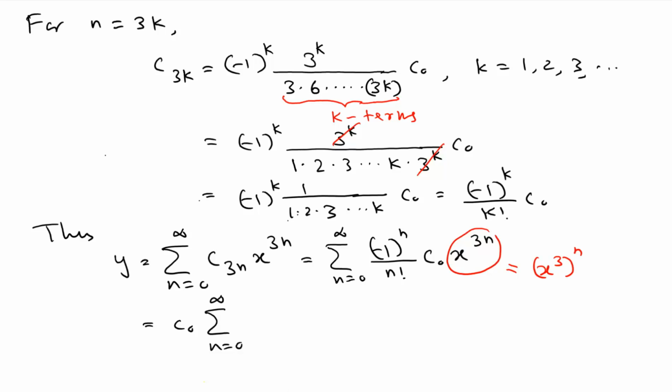So if you do that, then what's going to happen? This term is simply going to be negative 1 to the n over n factorial, times x cubed to the n.